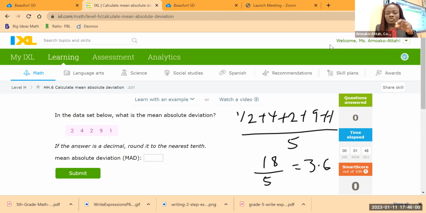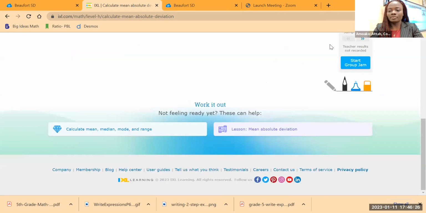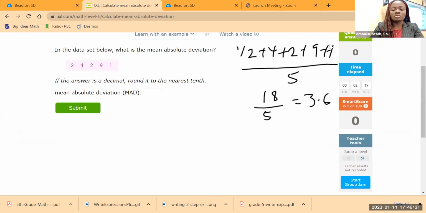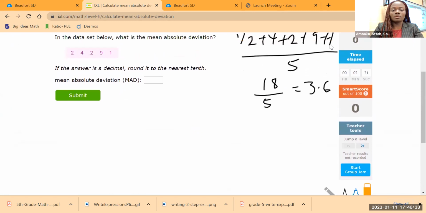Then the second step: subtract the mean from the values. You subtract the mean from the values, and you find the absolute values before you sum them up.